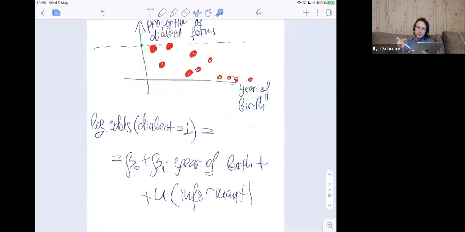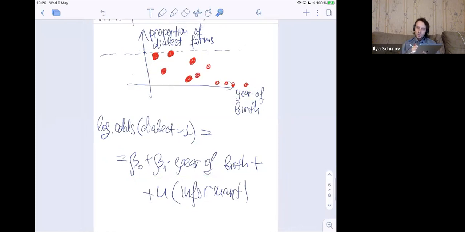But again, we assume that each particular person has their own probability, and it can be different even for persons who have a very similar year of birth, like this point and this point. And this model behaves very reasonably, and we used this model in this research.